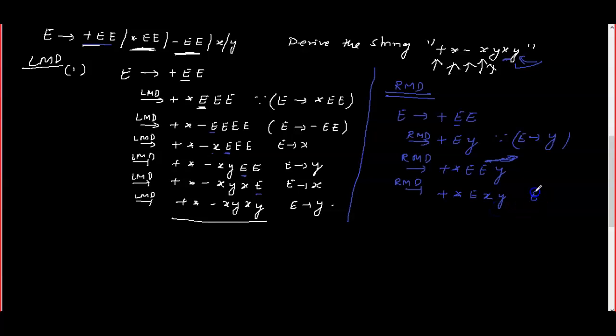So here I have written E derives X and here we got E derives star E. Any doubt in this? Now plus star E. Now only one E is there here, so I have to get minus. So I get minus E E. This X and Y stay as they are.